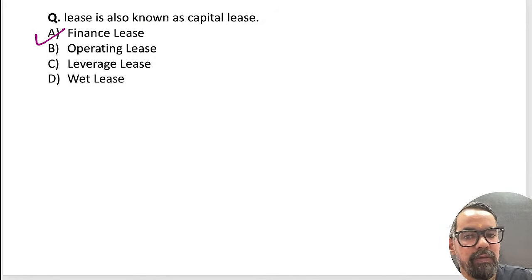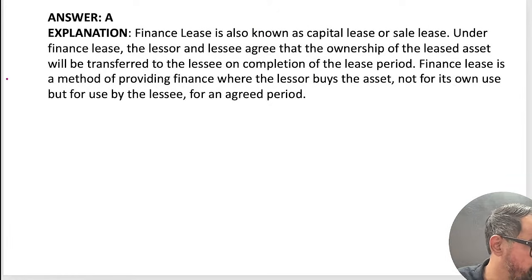Capital lease, finance lease, which is also known as this. So which one is capital and revenue expenditure in taxation?